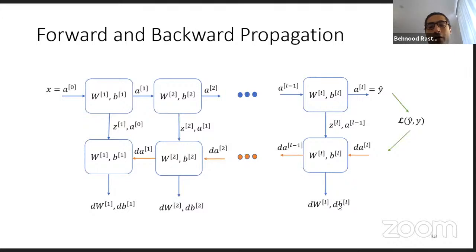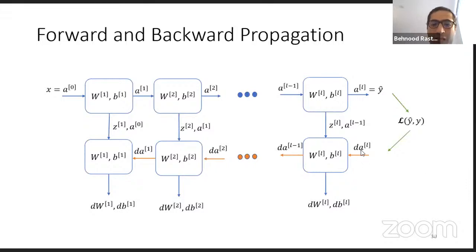And then through Y hat and the label that you have, you calculate the loss function, and then you calculate the cost function. And then you need to take the derivative of this cost function with respect to all the parameters or variables inside your network and backpropagate through the network step by step.